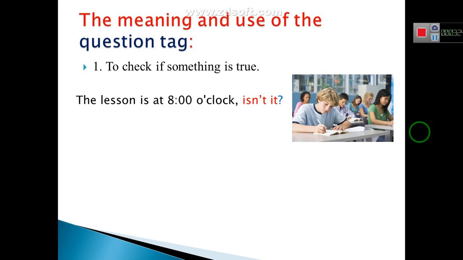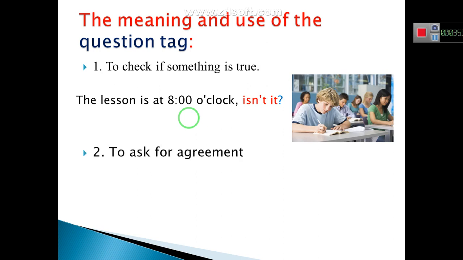So we have the sentence followed by the question tag in red. The meaning of this sentence is that a person is checking if this is true. The person wants to know if the class starts at 8 o'clock. They are checking the time. It's a real question.